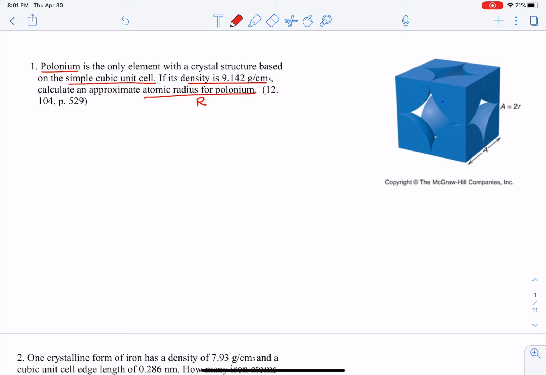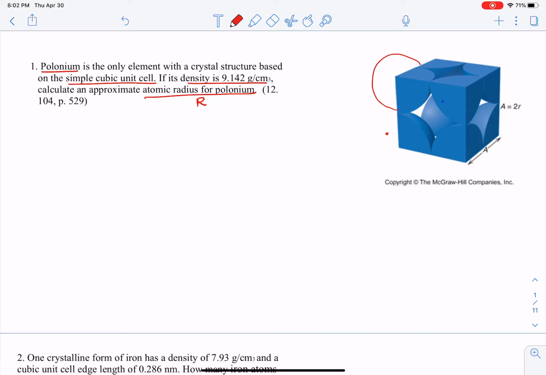Here, as you see, we have the diagram for a simple cubic unit cell, and you can see how the atoms are arranged. At each corner there is an atom, and of each atom 1/8 part is included in this cubic cell.